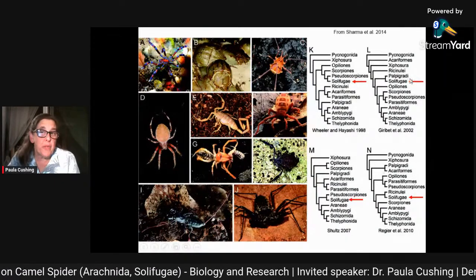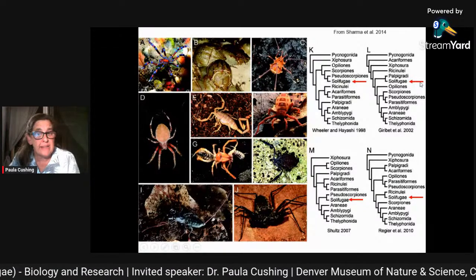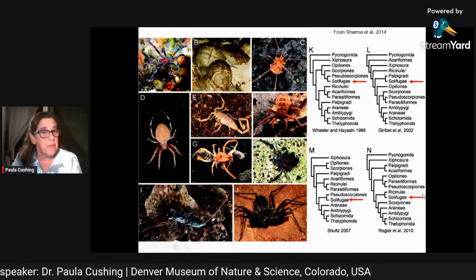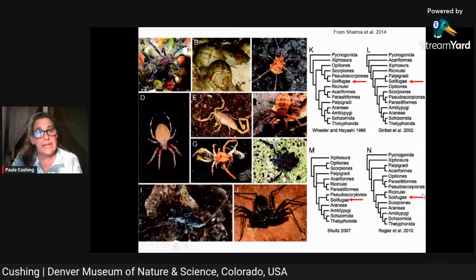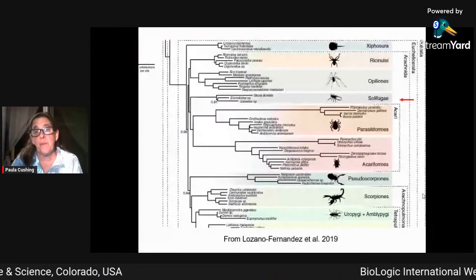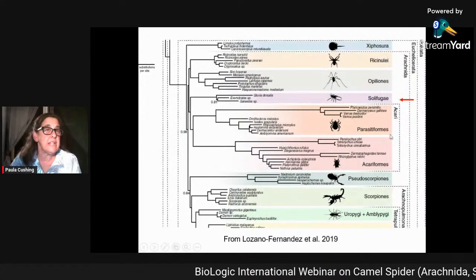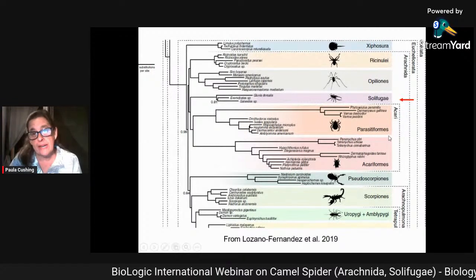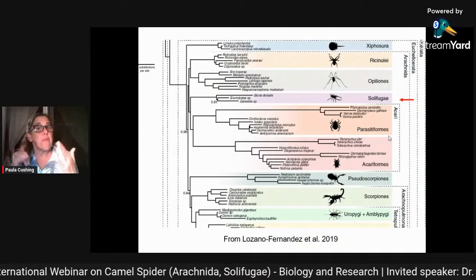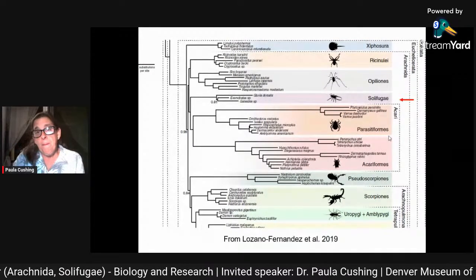One study showed them as most closely related to an arachnid group called the palpigrades. Another study showed them as closely related to another order called the Ricinulei. And several studies have shown Solifugae as being most closely related to different kinds of Acari, mites and ticks. So we still don't know who they're most closely related to. That is still to be determined.